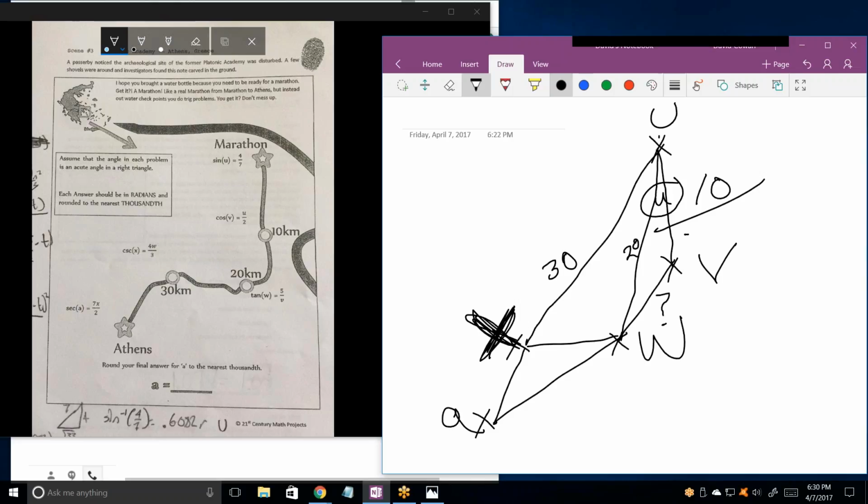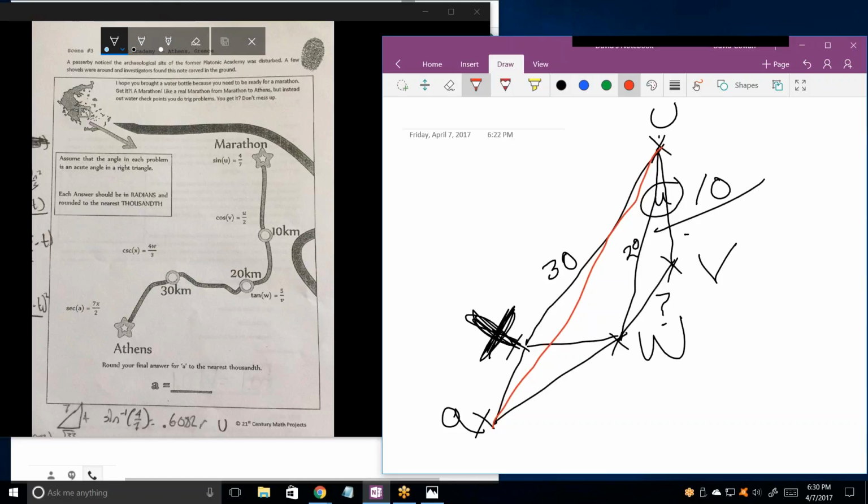I like a real marathon from Marathon to Athens, but instead, you know, I'm not sure, but maybe they want something like that distance of that red line, which merely complicates the problem enormously.